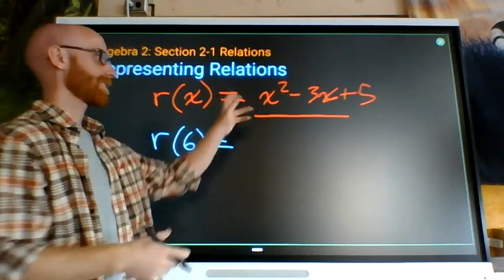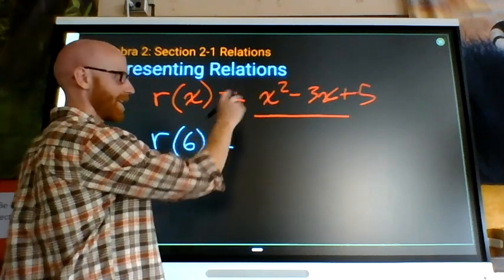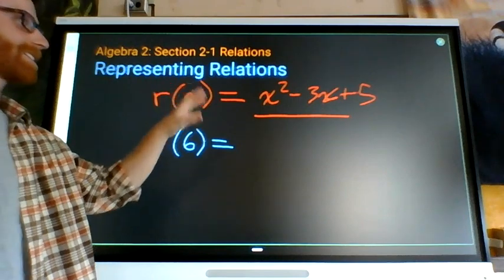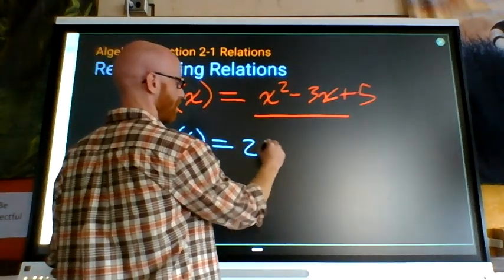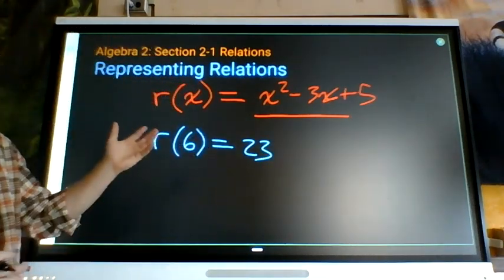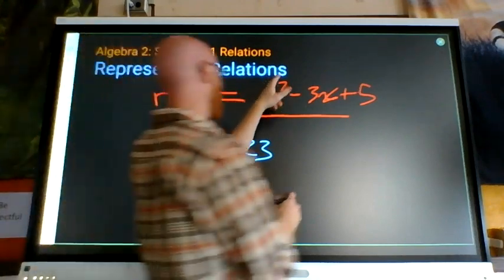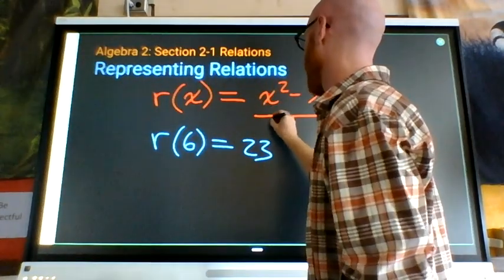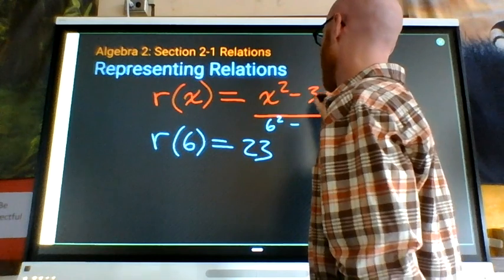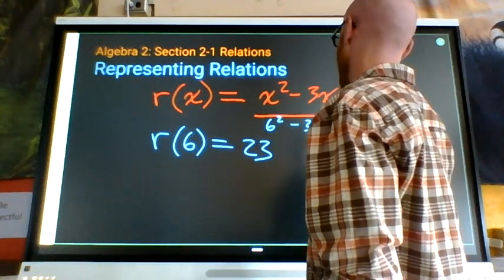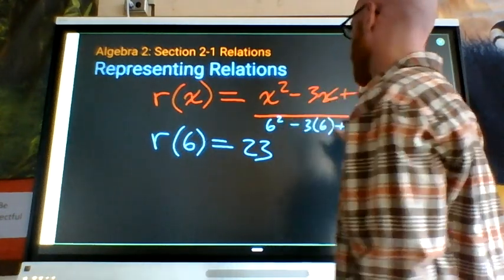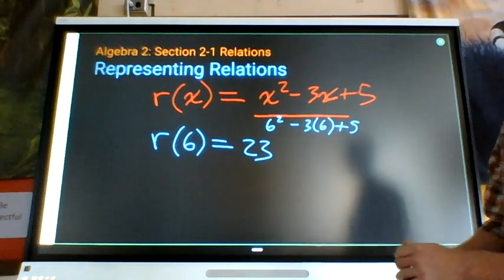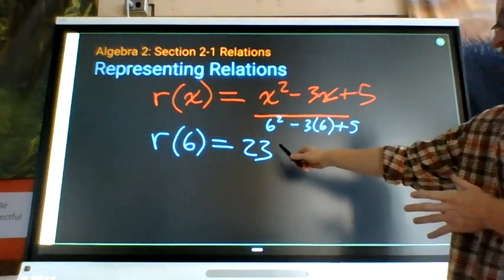And then I would solve it. 6 squared is 36, minus 3 times 6 is 18, plus 5 is 23. How would I do that? I'm replacing x with 6. So 6 squared minus 3 times 6 plus 5. I either would type that into a calculator or use my order of operations to solve.